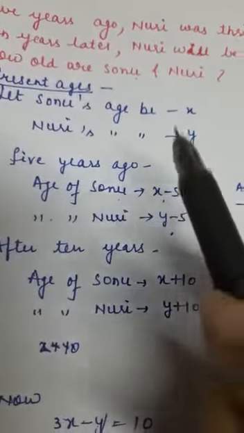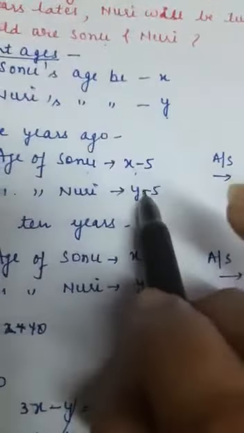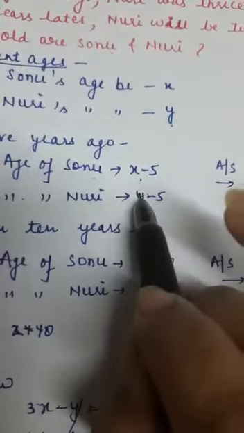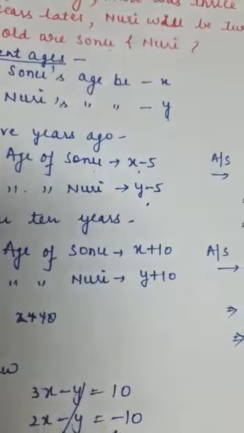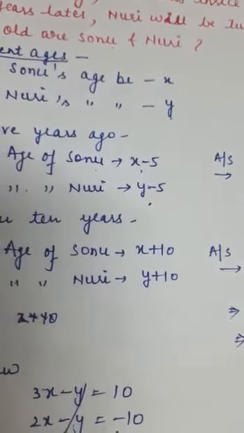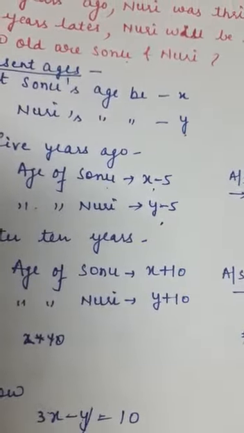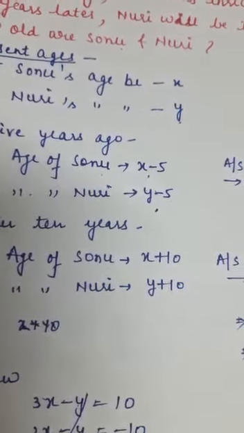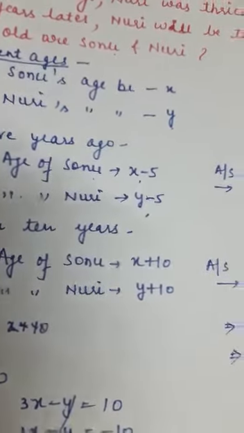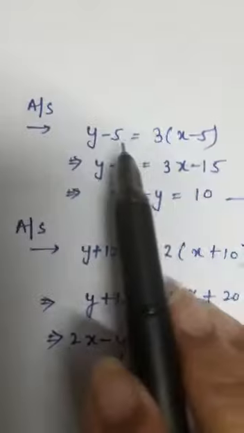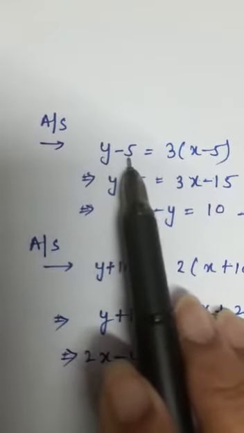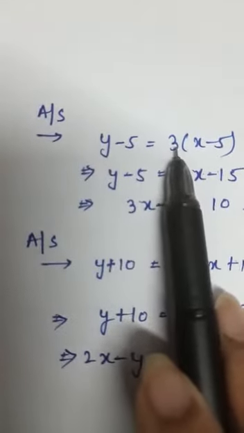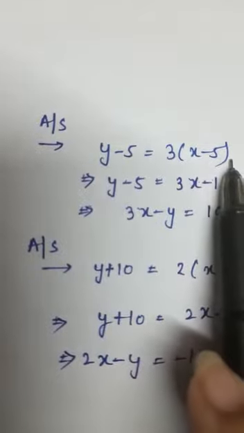My equation will be: Noori's age, Y minus 5, will be thrice the age of Sonu, which means thrice of X minus 5. So the equation will be Y minus 5 is equal to 3 into X minus 5.